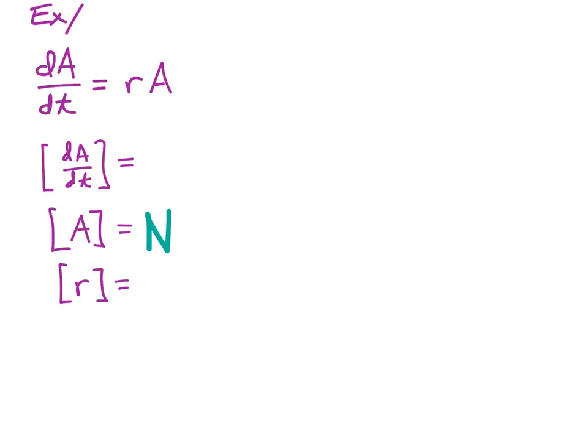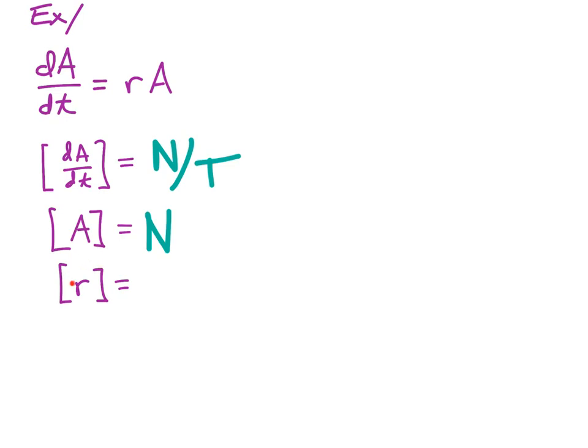What are the units of dA/dt? For a derivative, the units are given by thinking of this as a ratio, a fraction. So it's going to be the units of the top divided by the units of the bottom. The bottom is in units of time, the top is in units of amount. The units are going to be N over T.